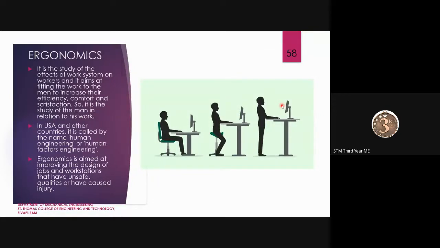Next, ergonomics is also aimed at improving the design of jobs and workstations that have unsafe qualities or have caused injury. Okay, so ergonomics can also deal with improving the design of the job. How we can improve the efficiency of the work by boosting the morale of the worker.